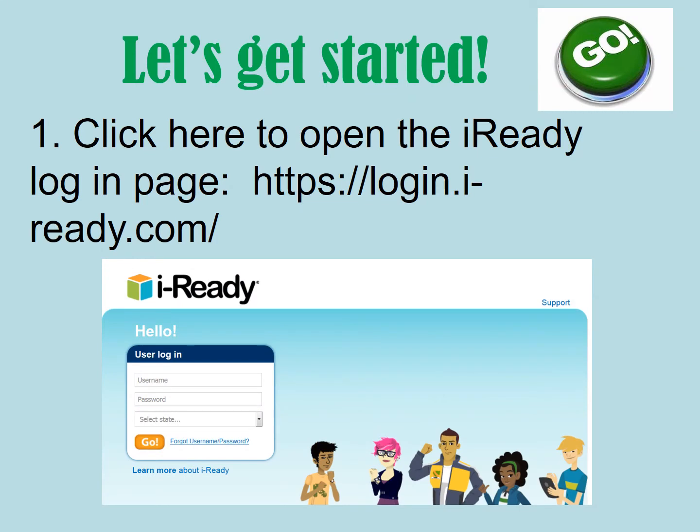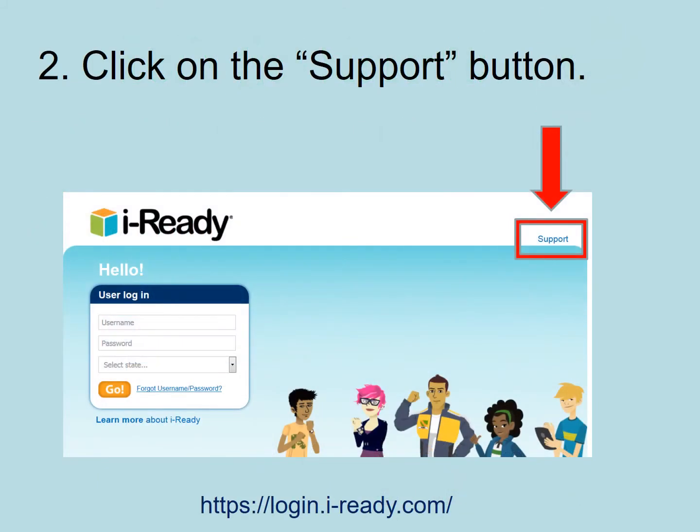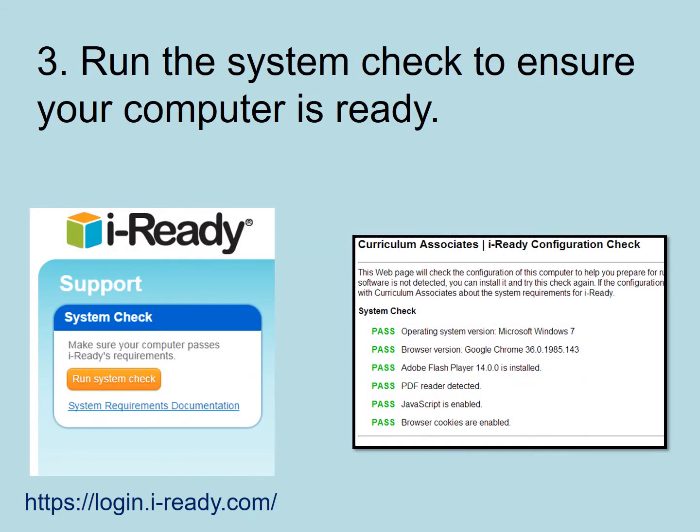Let's get started. What you're going to do is open up the link that I provided in the email, and you're going to go to the iReady login page. It looks like this. To ensure that your computer is running correctly for the software, you're going to click on the support button in the top right-hand corner. From there, I want you to run system check.